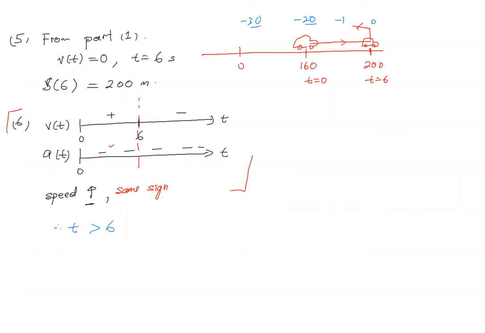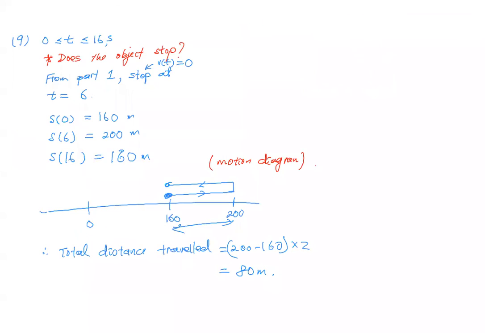If you want to study the changes of speed, you must have both the velocity and acceleration sign diagrams put on top of one another so that you can compare which region you should select. Then total distance traveled. You must find the important positions, then draw the motion diagram, then find the total distance traveled.